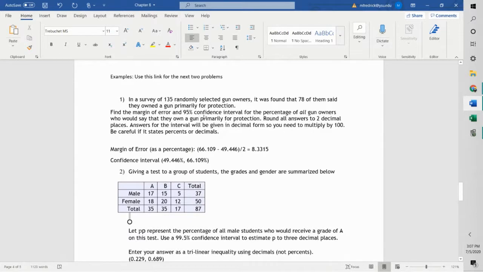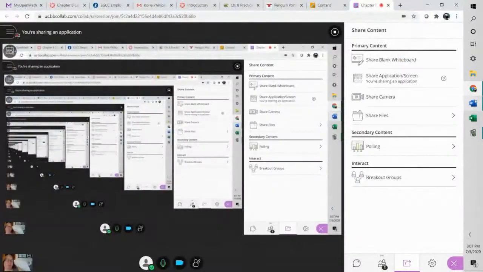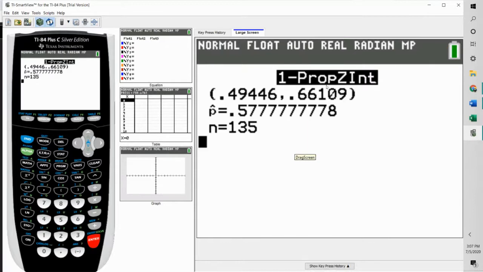And we want a 95% confidence interval. There it is. 78, 135, 95% confidence interval. And calculate. And there's your interval.